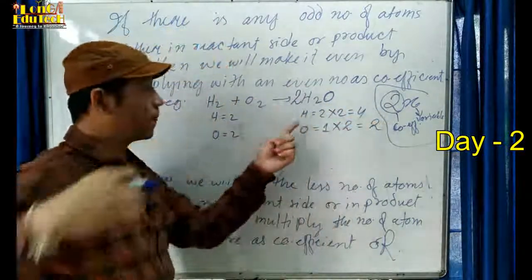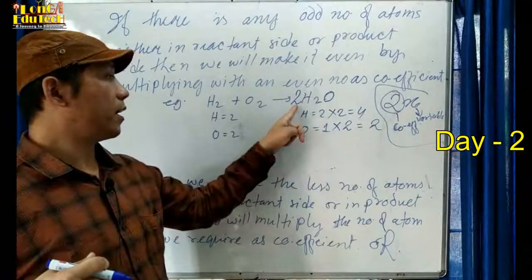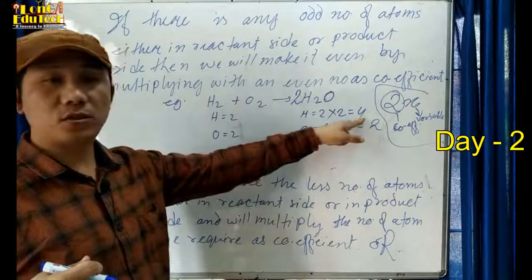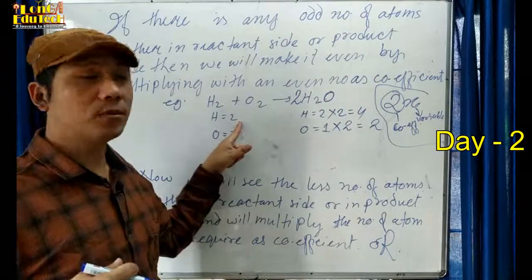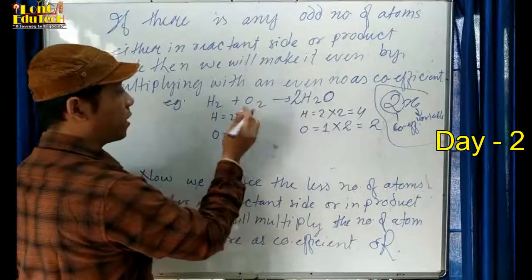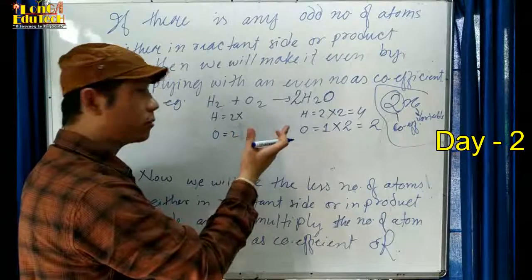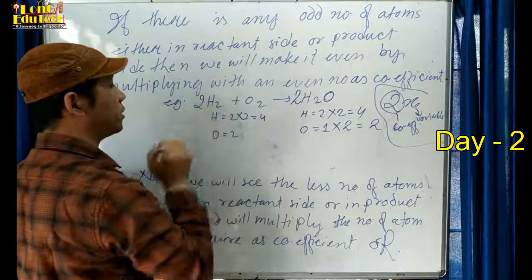Then what you see here, when we put 2 here as a coefficient, then the number of hydrogen is increased to 4, right? But on the left side here we get 2. We have to make it 4 also. So to make it 4, by how much do we multiply? You know definitely, 2 2s are 4. Then you will put it here.